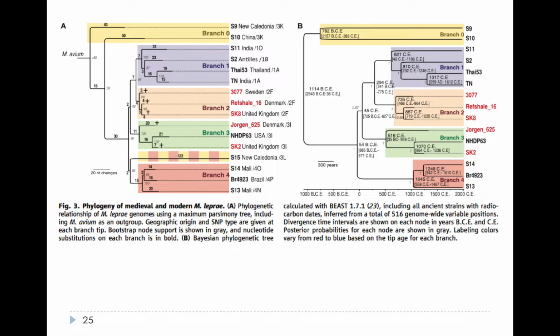Branch 0, the outlier, branch 1, 2, 3, 4, and they show that the samples that have come from medieval Europe sat within these 2 branches, 2 and 3 there. And they nested, so branch 3 is defined like a medieval one, branch 2 is defined like a medieval one. Branch 3, they could show that those samples were similar to one from the USA, so presumably carried to the USA by European migrants.